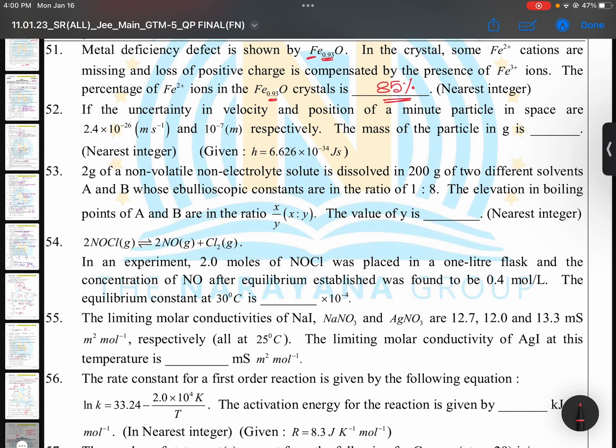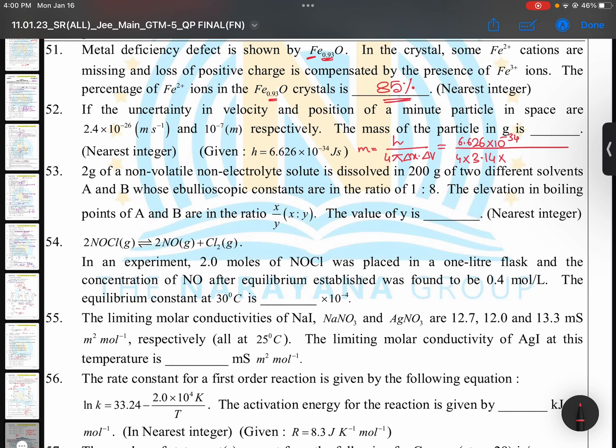Repeat regular NCERT question. With uncertainty in velocity and position of a minute particle in space, the mass of the particle in grams is asked. Mass m is equal to h by 4 pi delta x delta v. h is given as 6.626 into 10 to the power of minus 34 joule second. 4 into 3.14 into delta x.